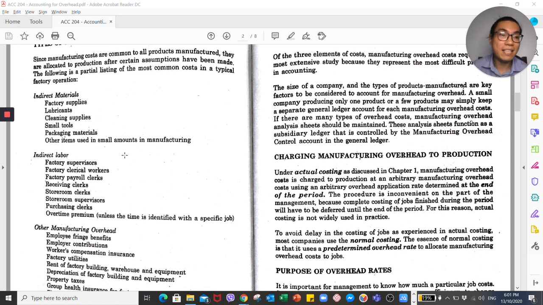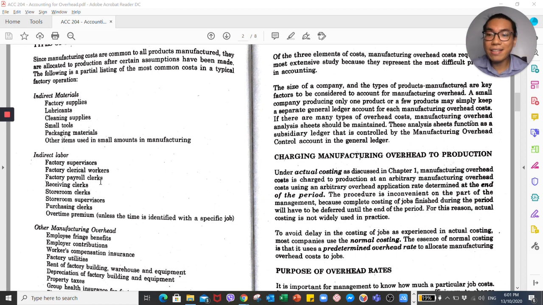They are included in our indirect labor. Also, the clerks in our logistics department and even the supervisors of the warehouses are part of our indirect labor.